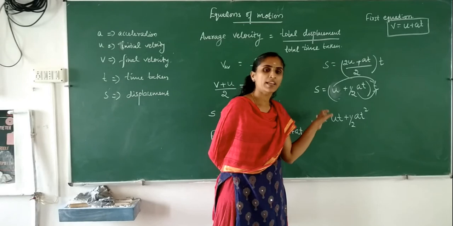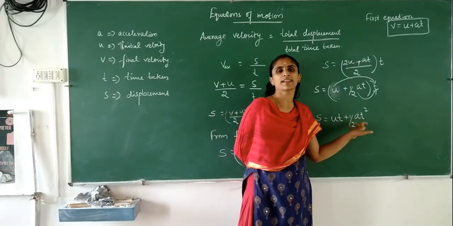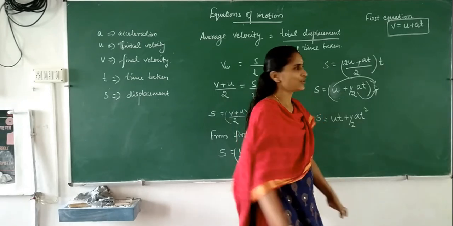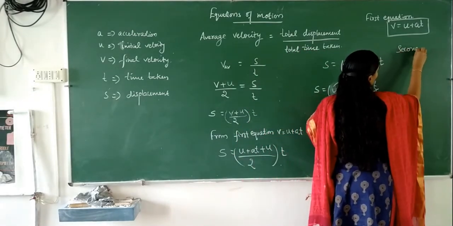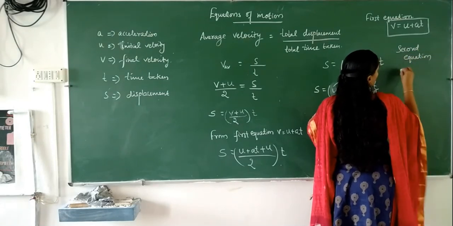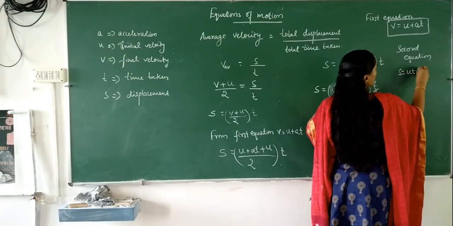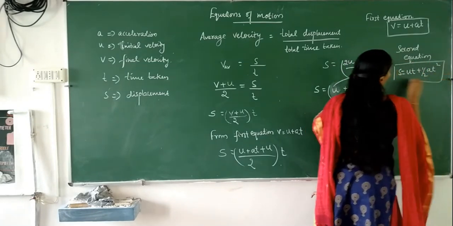What is s? s is the displacement, u is the initial velocity, t is the time taken, and a is the acceleration. So the second equation is s equal to ut plus half at square. Is it clear?